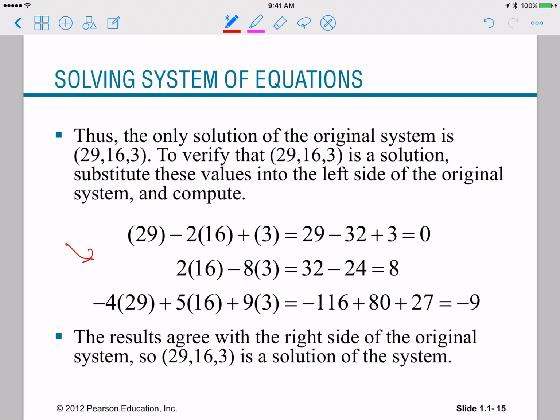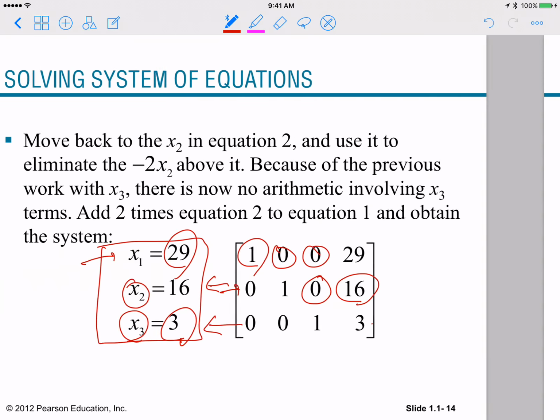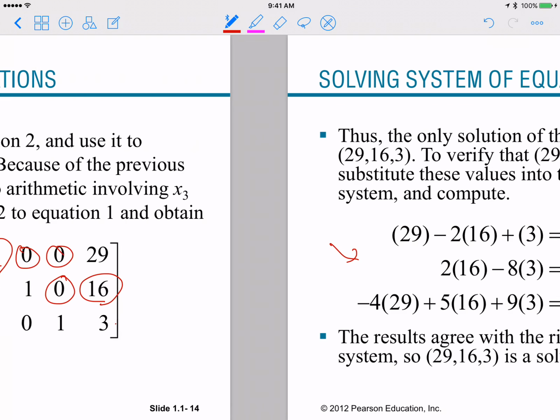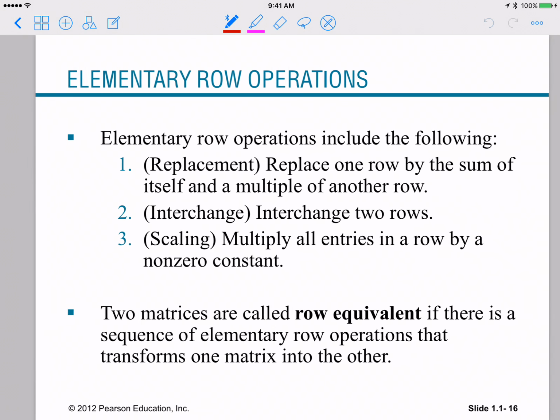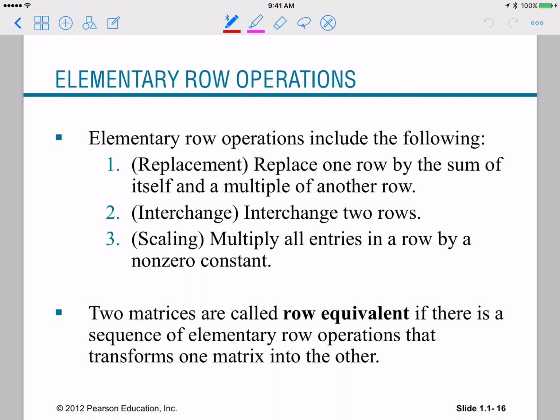Okay, and then we can verify if our solution was correct just by plugging these solutions into the original equations and seeing if they are all true. Okay, so we now have these elementary row operations.